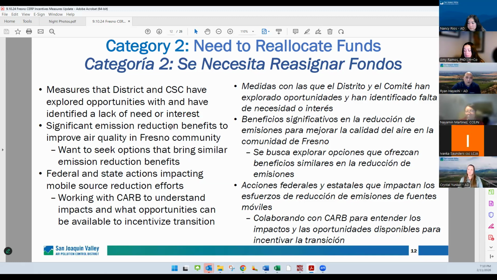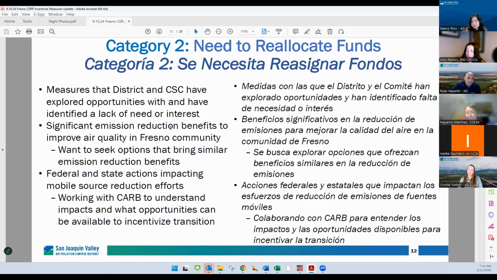And things like the locomotive and the switchers, when we put those in, they had large emission reductions associated with them. And so, by not being able to move forward with those, we definitely don't want to see a huge shortfall in emission reductions because of the health benefits associated with getting those emission reductions. So when we're considering things, we want to ideally find things that are going to find significant emission reductions.